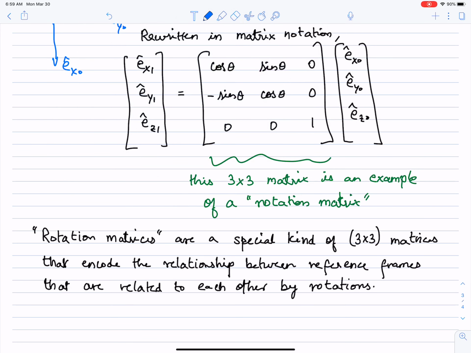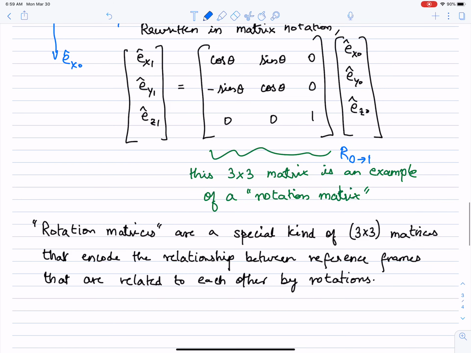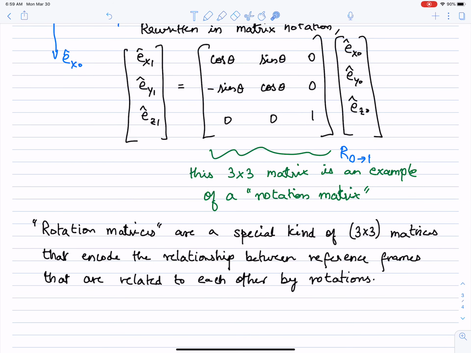We're going to call this rotation matrix R0 to 1. Okay. So this is notation. Essentially, this is a rotation matrix that transforms the unit vectors that make frame 0 to unit vectors of frame 1. Okay.